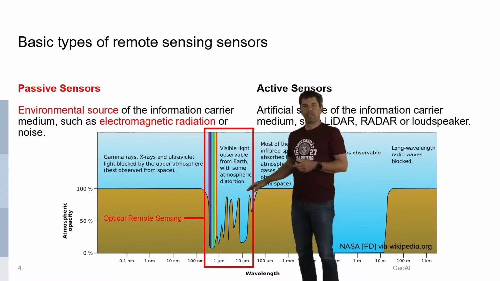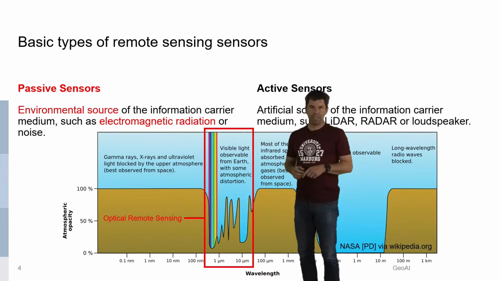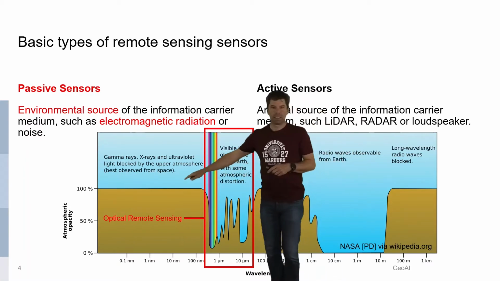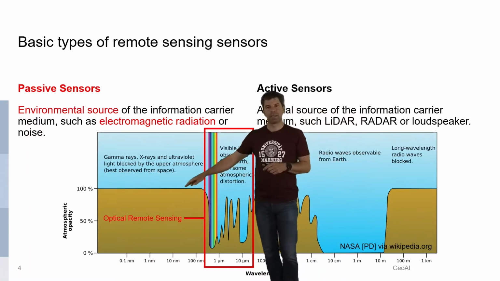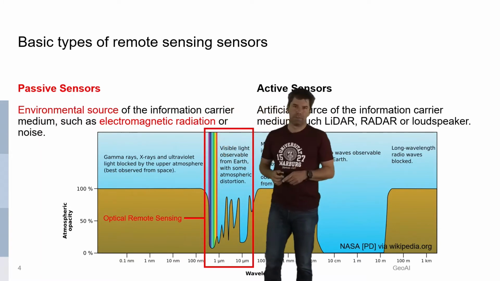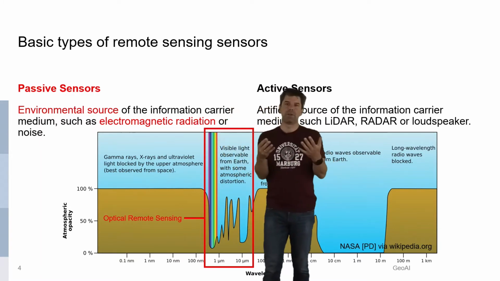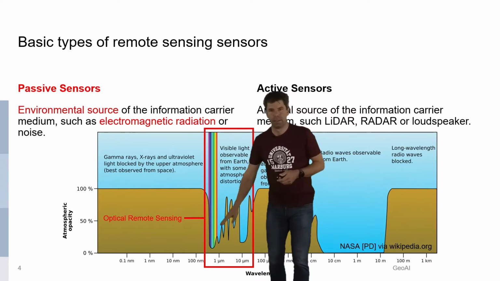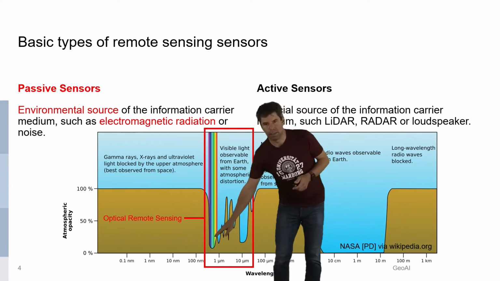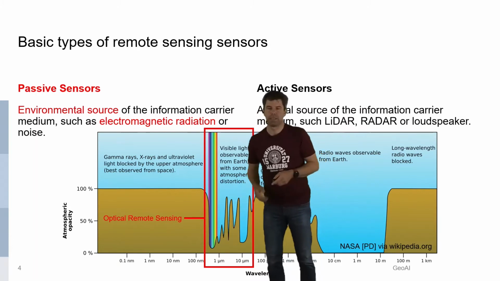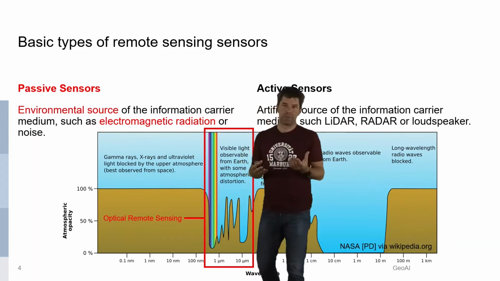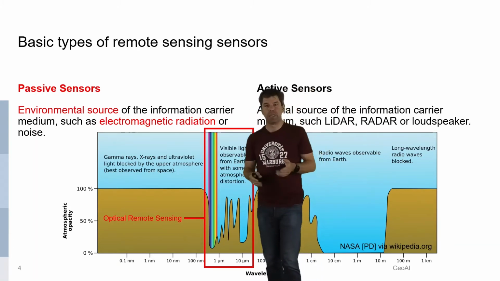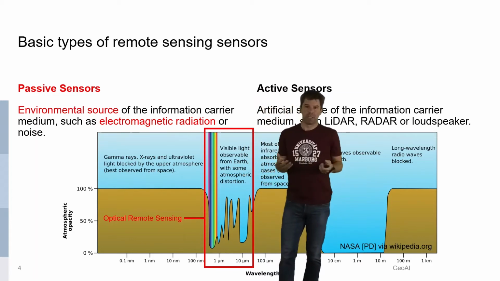The graphic here also shows the atmospheric opacity. If it's 100% here, that means radiation coming from the sun and reaching the Earth won't penetrate through the atmosphere. And opacity around here, at a lower percentage, means radiation from the sun actually passes through the atmosphere and reaches the surface.